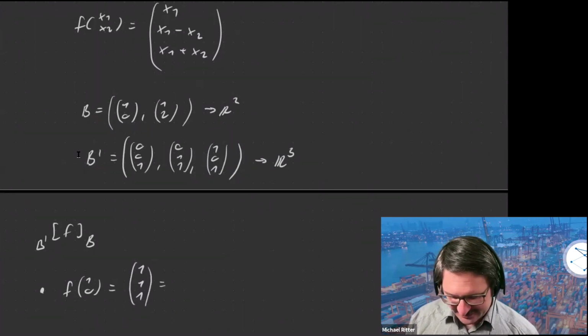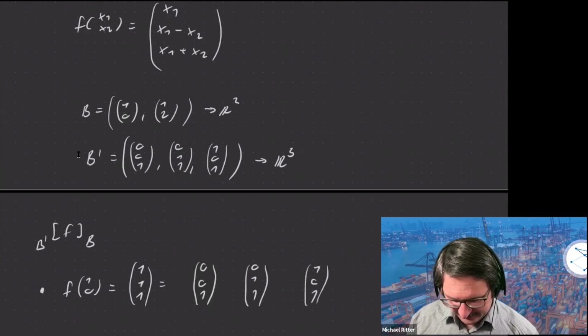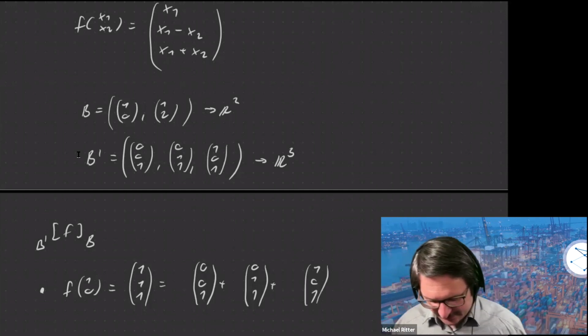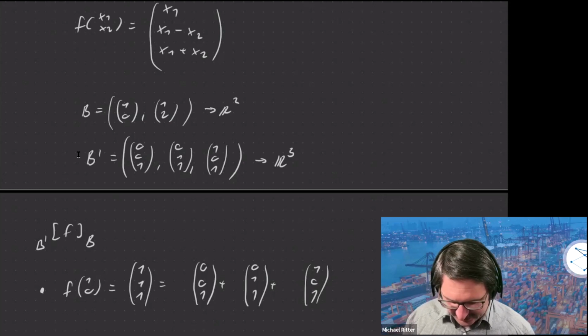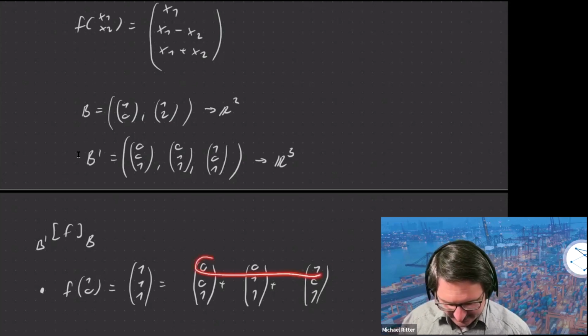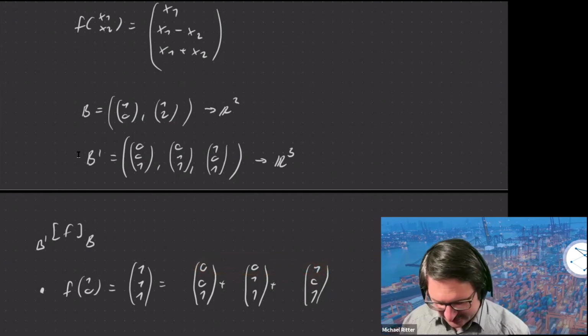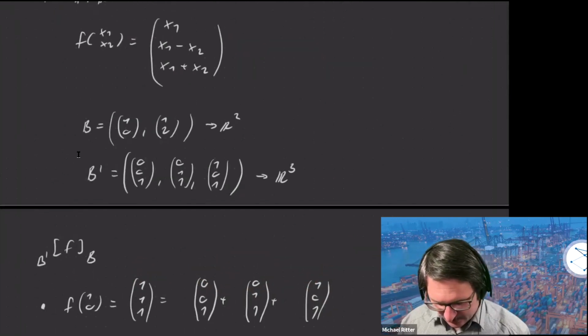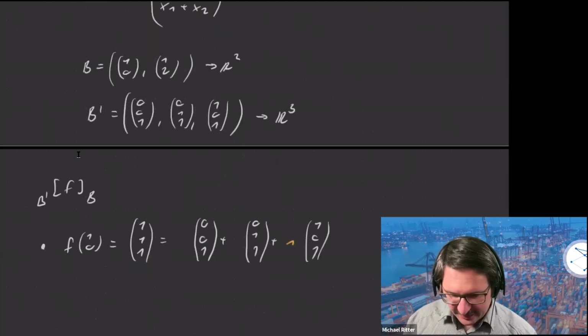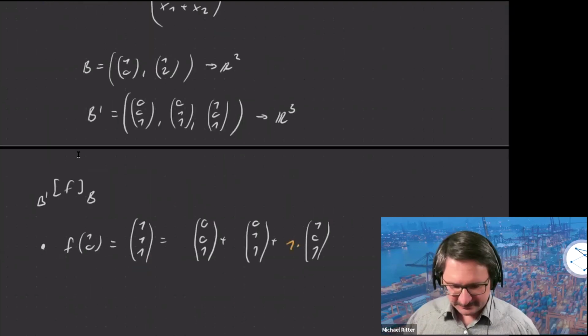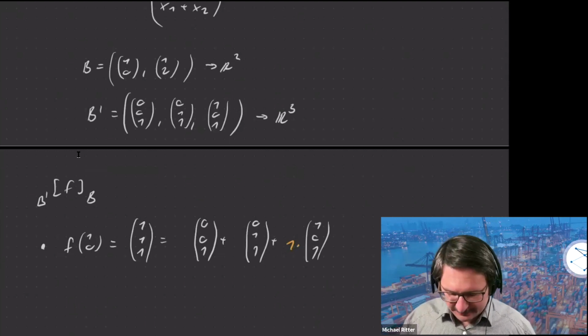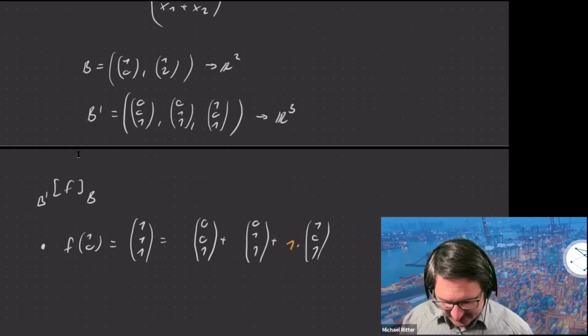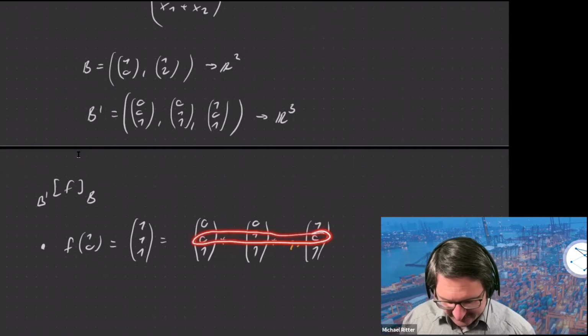And then we want to express this in terms of B prime. So B prime is these three vectors here. I want to find the right coefficients for that. So let's see if we can do this without any intermediate computations. The first row is very simple. It just has a coefficient here. So to get this 1 here, we need a 1 here. Then if we look at the second row, that's also very simple. Almost everywhere we have zeros except for this place here.